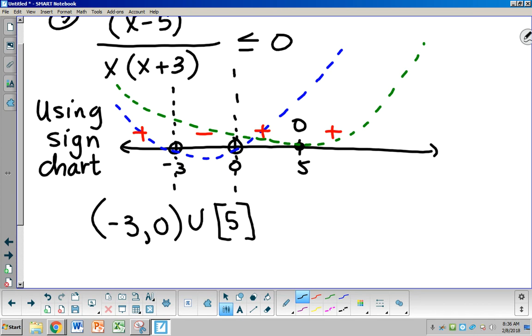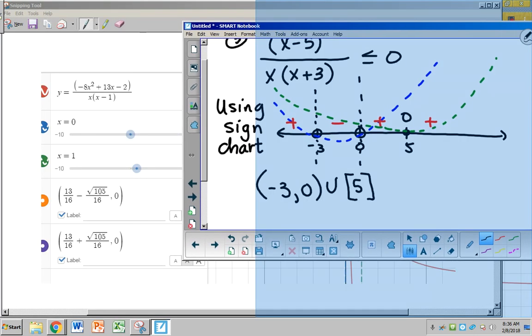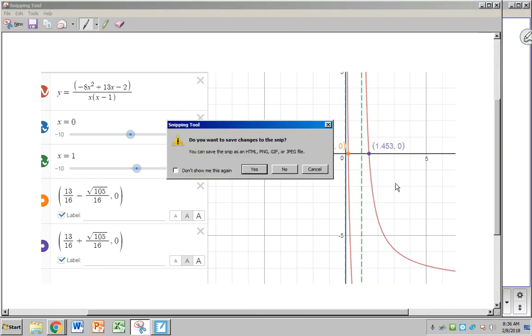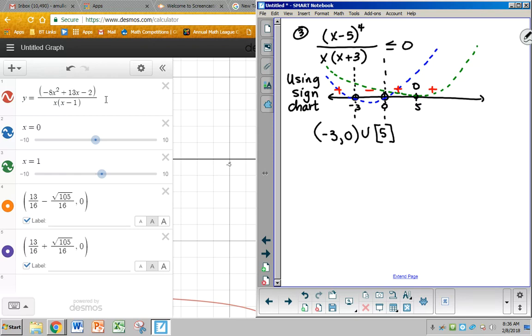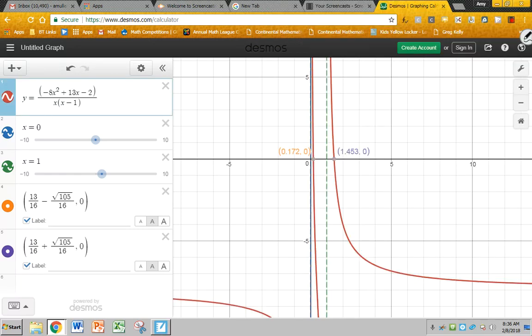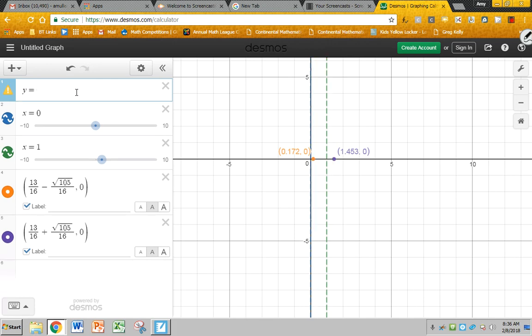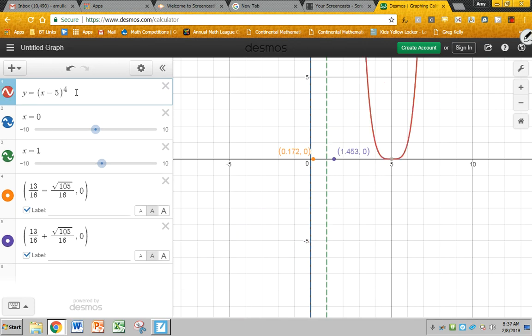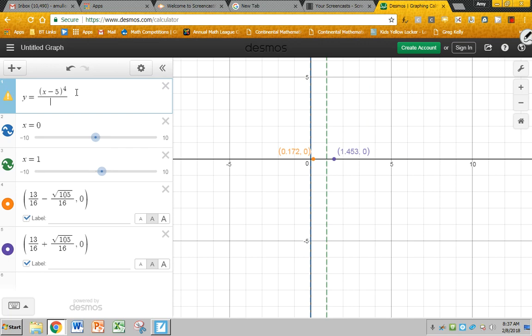Okay, so shall we? Driver, take it away. Should I hide all these? Divided by x times x plus 3, I think.